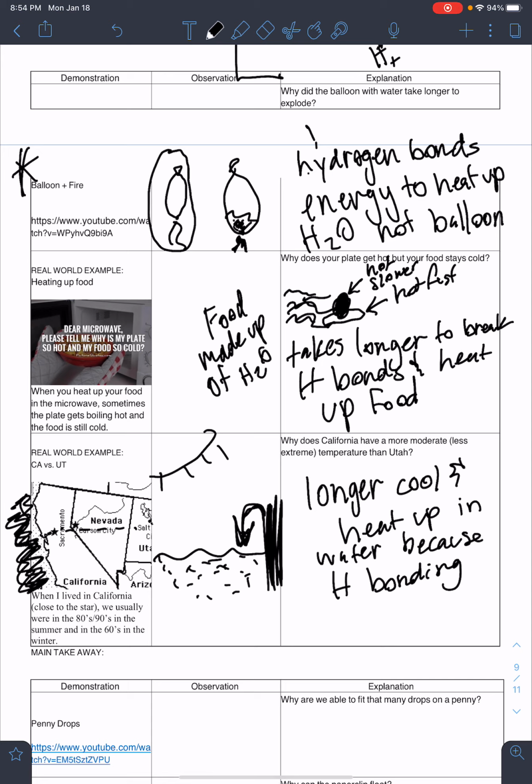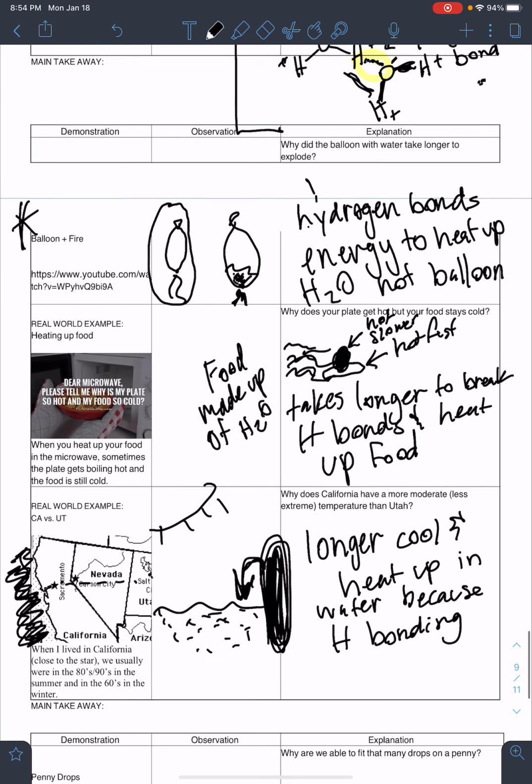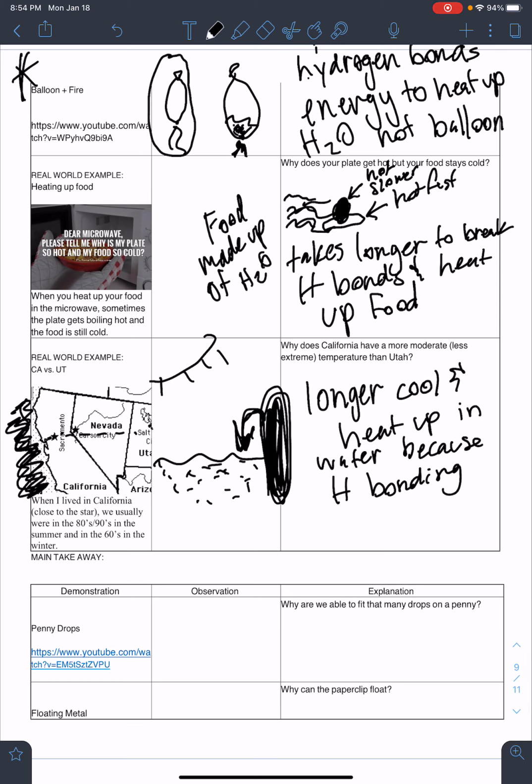And because that water is taking a long time to heat up and cool down, it helps keep California at a really moderate temperature versus Utah that's not really by any big bodies of water. And it's all due back to, again, this hydrogen bonding up at the top. And so our main takeaway with this is that hydrogen bonding makes it so that water takes a long time to heat up.